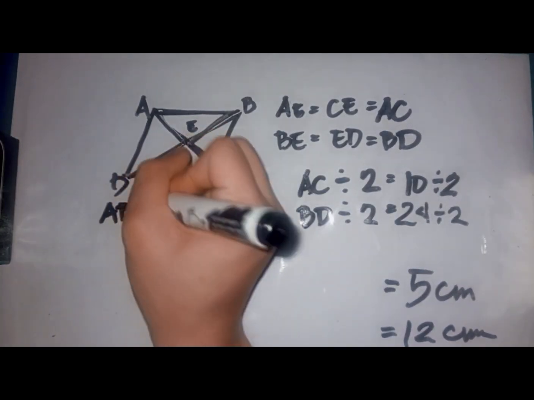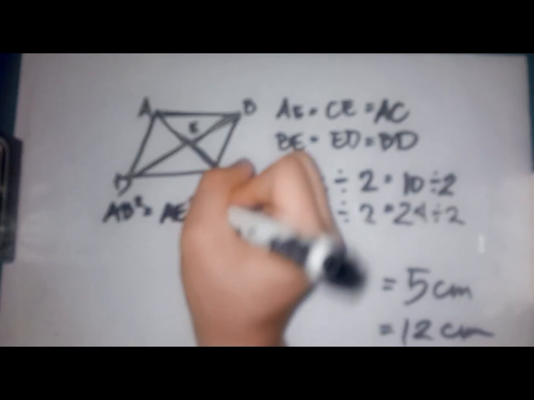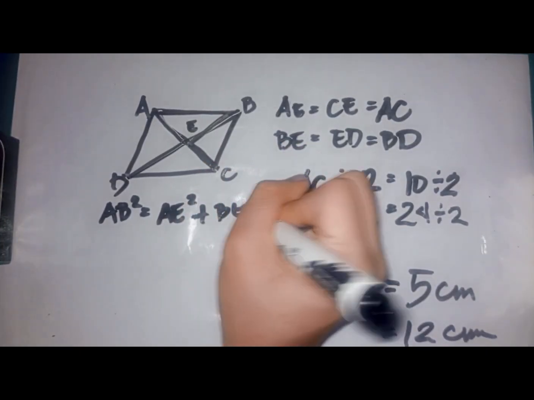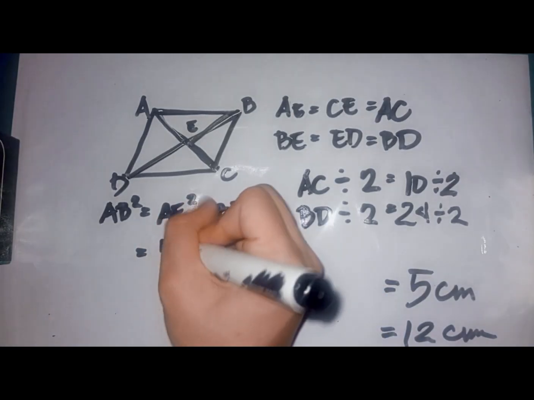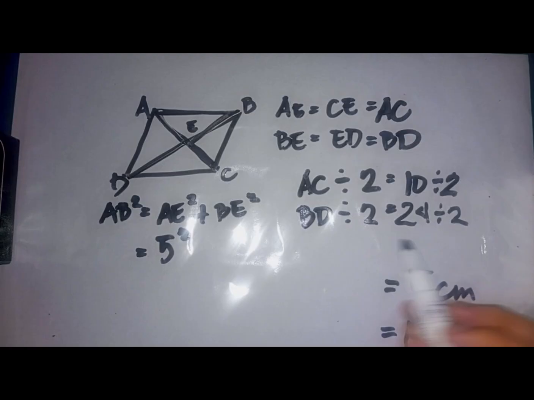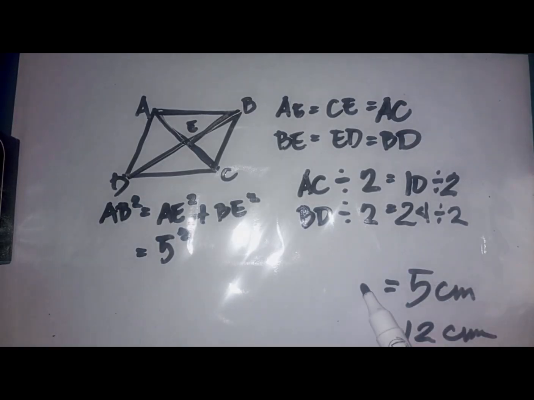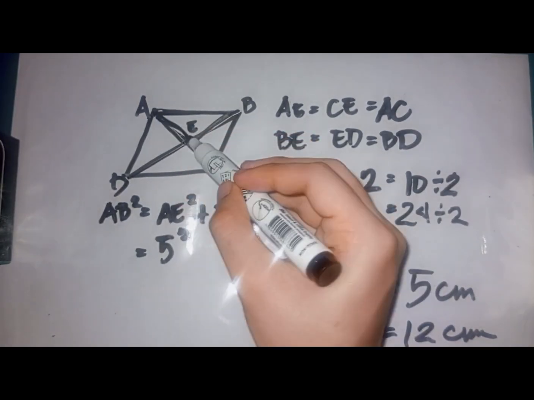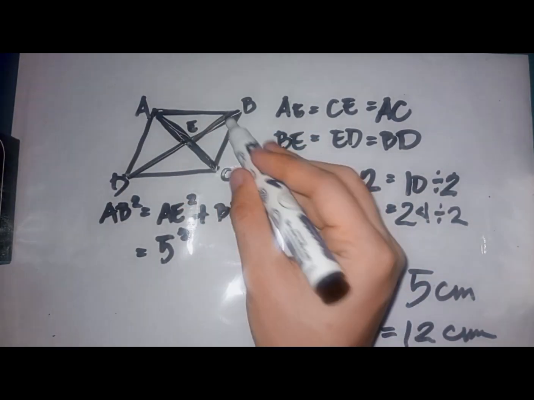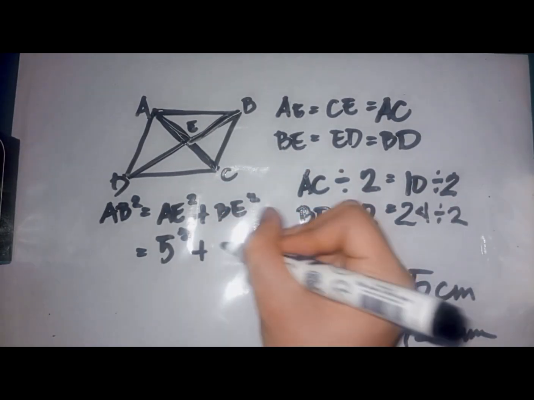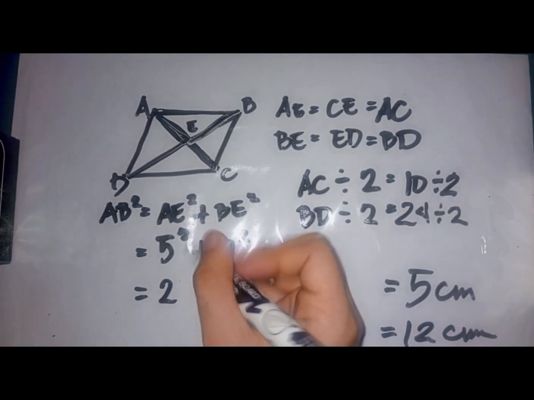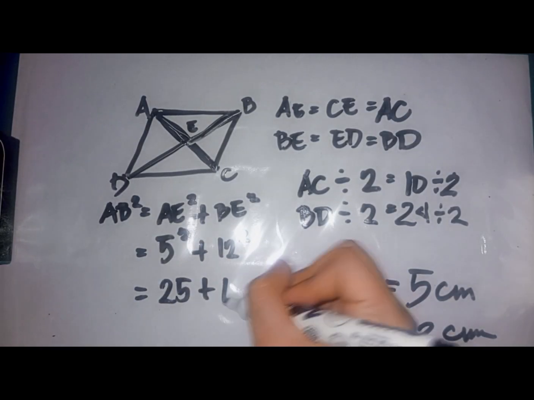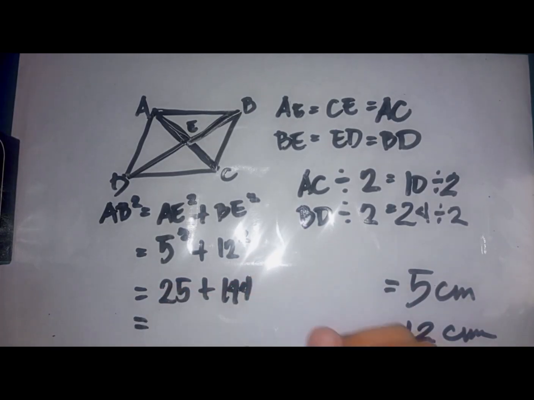AE is 5 because we divided AC by 2, and BE is 12. So 5 squared is 25, plus 12 squared is 144.